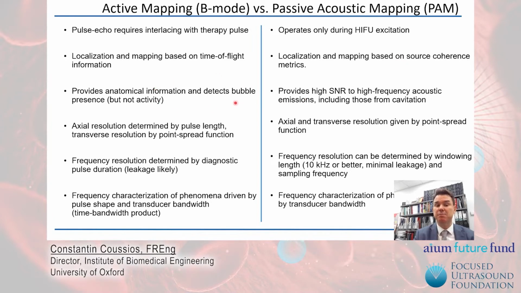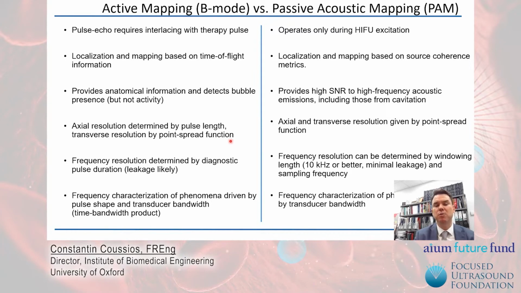B-mode is excellent at providing anatomical information and detecting the presence of bubbles, whilst PAM provides a very high SNR that is specific to high-frequency acoustic emissions, particularly those at a different frequency to the transmitted therapeutic ultrasound frequency.